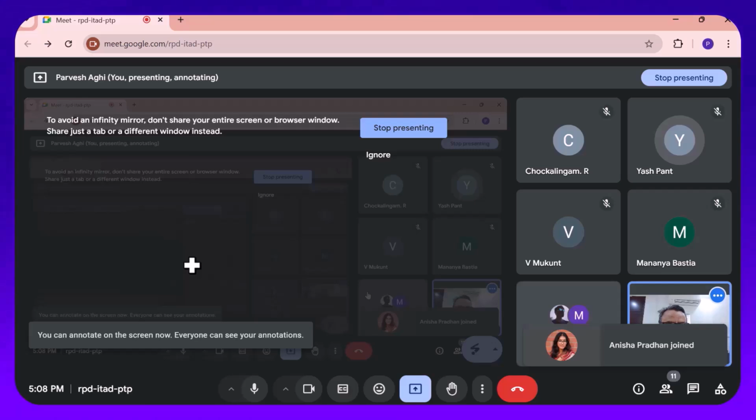So the HRA exemption is the minimum of the above. HRA received is 3,60,000, then 50% of the basic, then rent paid minus 10%. Out of these three, the minimum is 2,64,000, so this will be exempt. If he's getting 3,60,000 from his employer, he has to pay tax on 96,000.